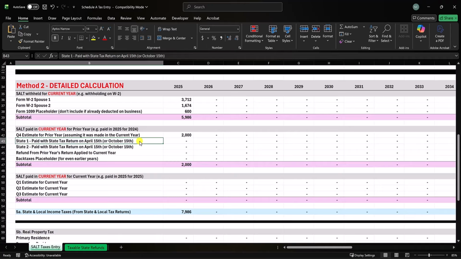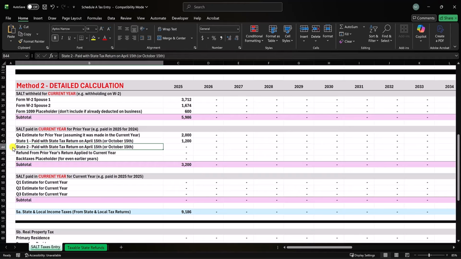But more generally, regardless of whether it is April 15th or October 15th, as long as you make the state tax payment in 2025, it doesn't matter that you're actually paying the tax on the 2024 tax return, for example. You're still making the physical payment in 2025, and therefore that would be a deductible item. For this example, I'm just going to throw in a $1,200 payment, and again, that would be the tax that I paid with the filing of my state tax return.